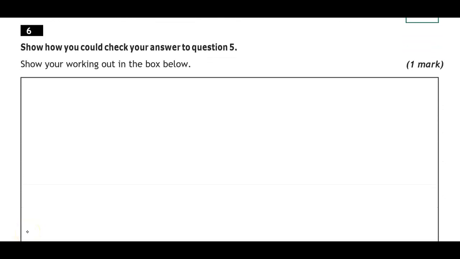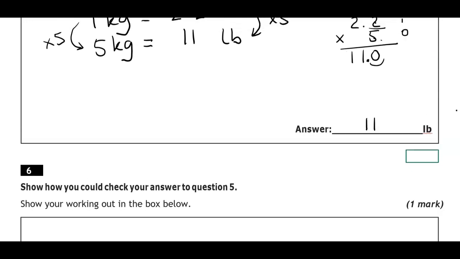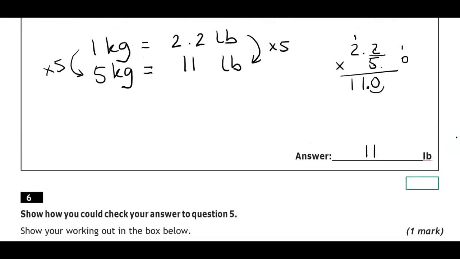Show how you could check your answer to question 5. Show your working out in the box below. So we multiplied 2.2 by 5 to get 11. So I can reverse that: 11 divided by 5 to give us 2.2.